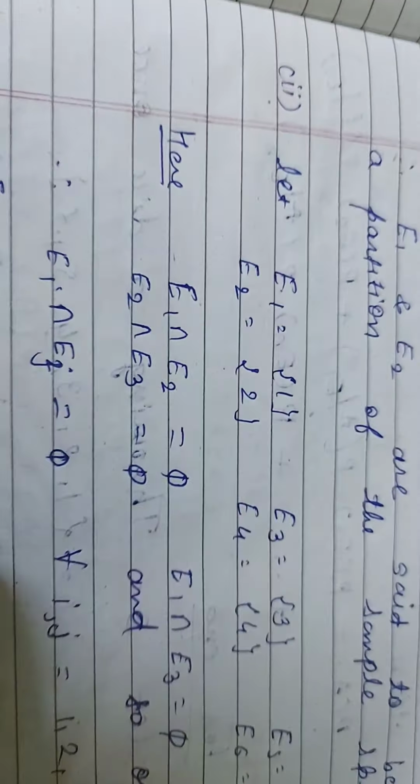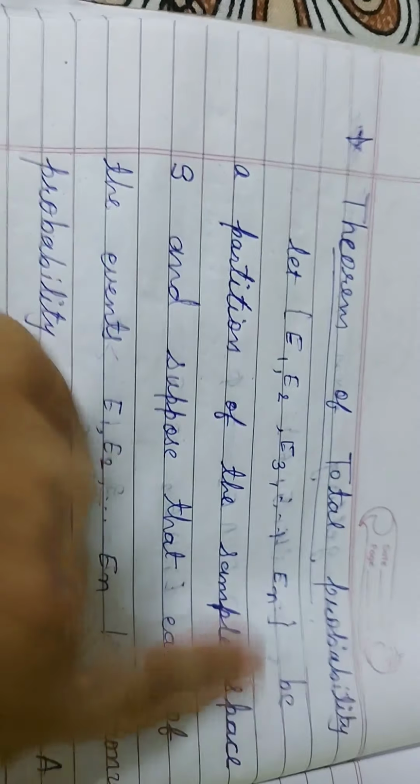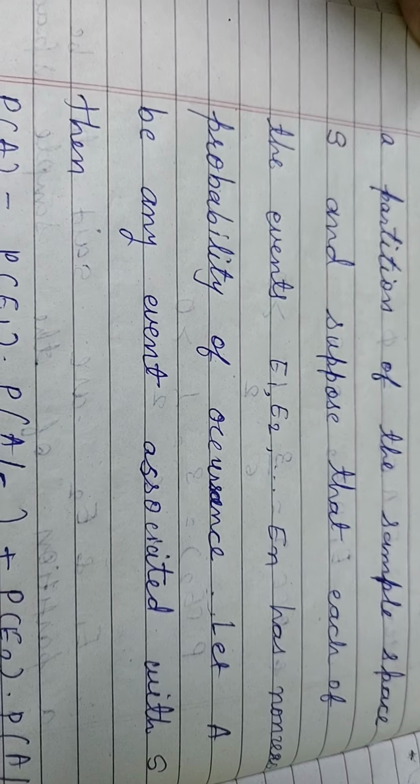Now the second thing, again an important one, is the theorem of total probability. So now let me see what is the theorem of total probability. Let E1, E2, E3 up to En be a partition of the sample space S, and suppose that each of the events E1, E2, En has non-zero probability of occurrence.